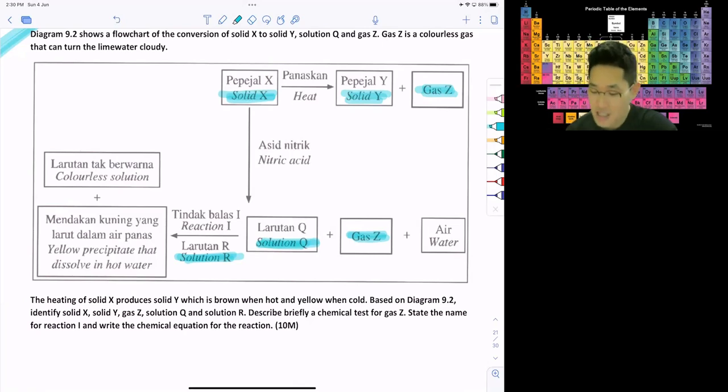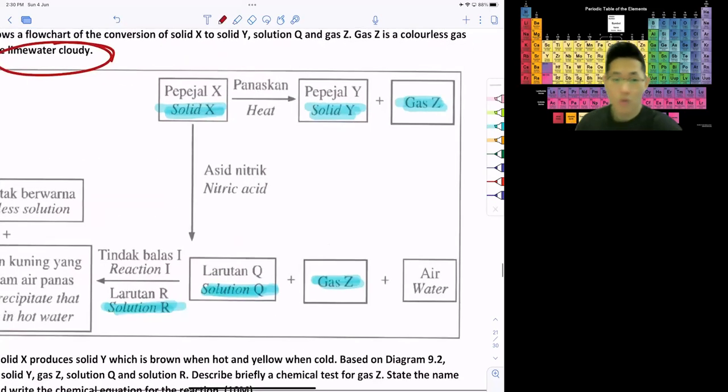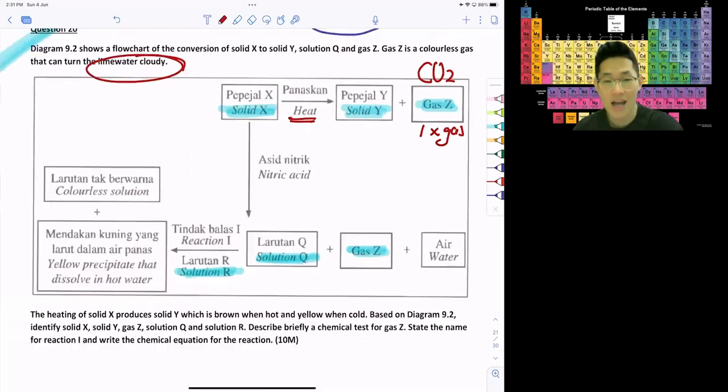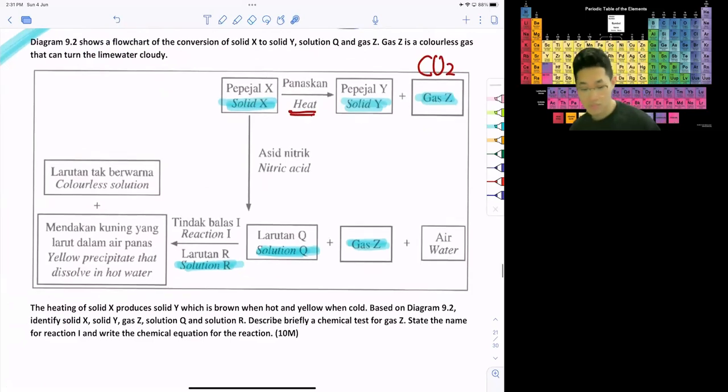Okay, let's see. According to the question, they say lime water turns cloudy. So as I told you, when you see heating of salt, how many gases here? One type of gas. When I see one type of gas, I actually already know that this is CO2. And the question just double confirms my answer, you see? Lime water cloudy. Okay. Solid white is brown when hot, yellow when cold.